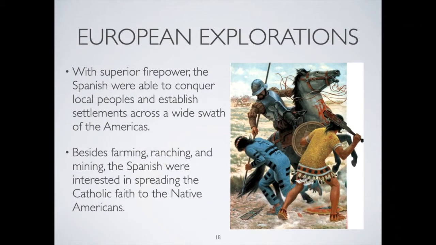With superior firepower, the Spanish were able to conquer local peoples and establish settlements across a wide swath of the Americas. Besides farming, ranching, and mining, the Spanish were interested in spreading the Catholic faith to Native Americans.